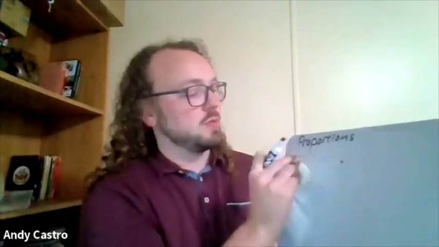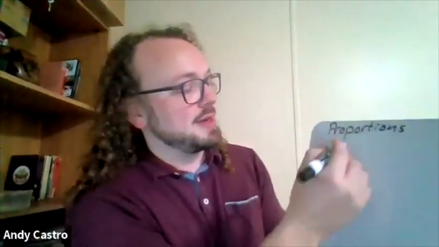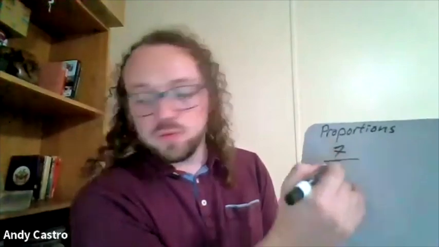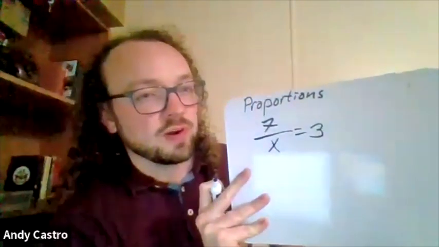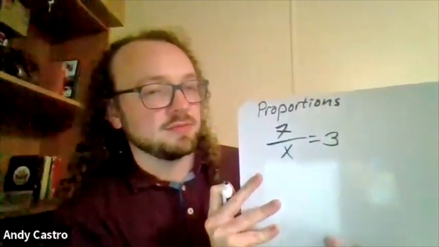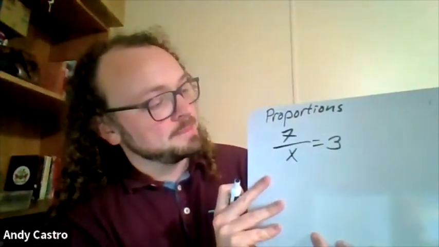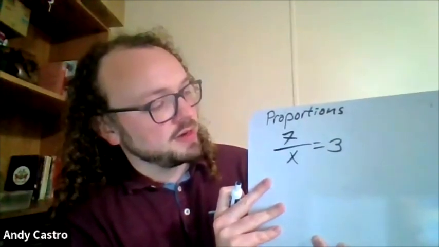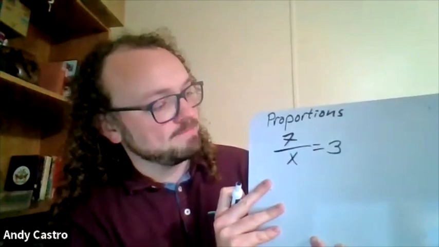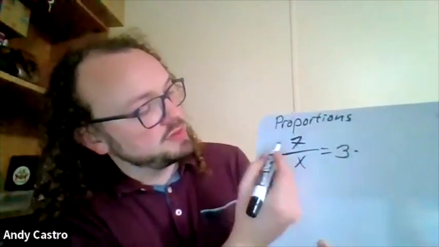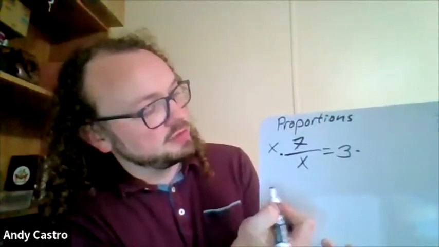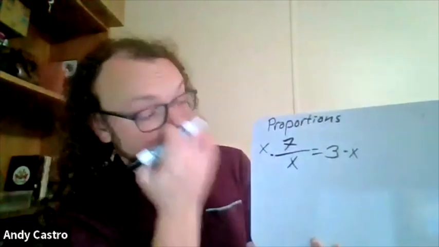Let's do one more question similar to that, one more example. And I can pick any numbers here. I can have 7 over x equals 3. See if you can work this out for a second. Try to stay just a step ahead of me here. Got that x in the denominator, and I don't want it there. I'm going to multiply both sides by x so that it's no longer in the denominator over here.